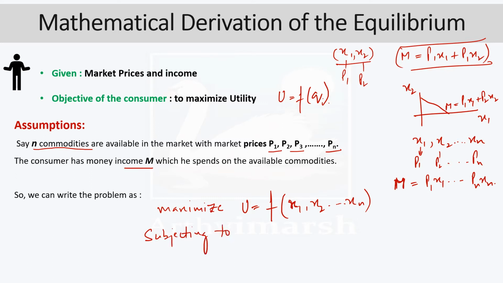We want to maximize the utility subject to our budget constraint, right? And what was our budget constraint?